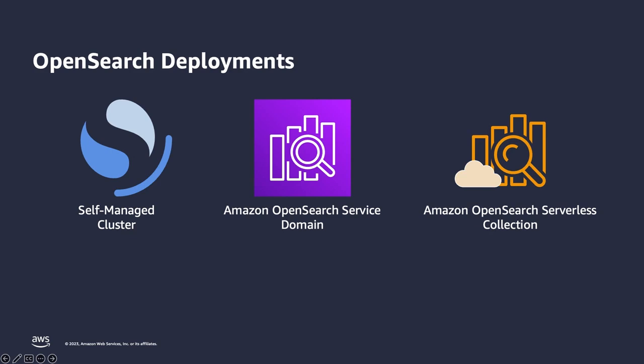The second option, which is where the majority of customers benefit, is using the Amazon OpenSearch Service as a managed service, or Amazon OpenSearch Serverless as a serverless option of the managed service. So 3 different options. The latest option, Amazon OpenSearch Serverless, is generally available. We launched it back in January this year, 2023.